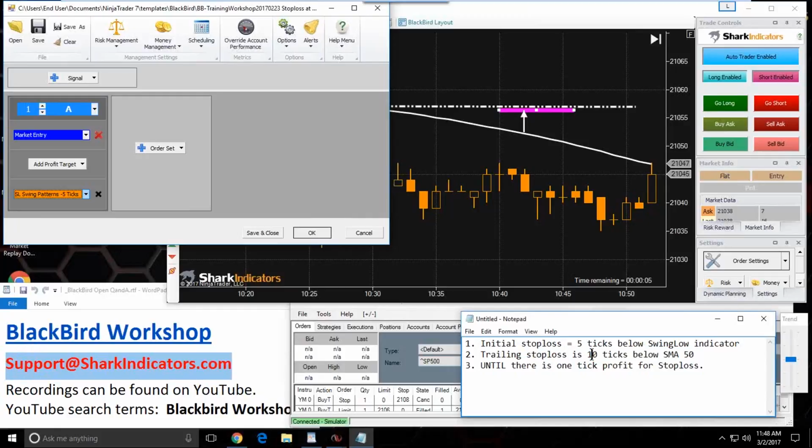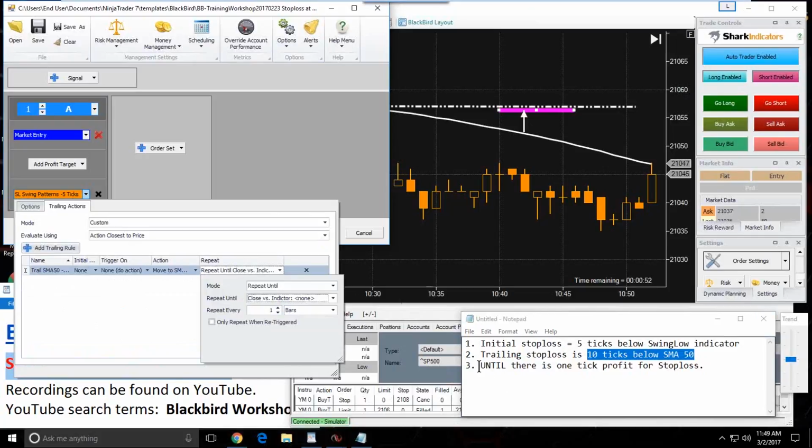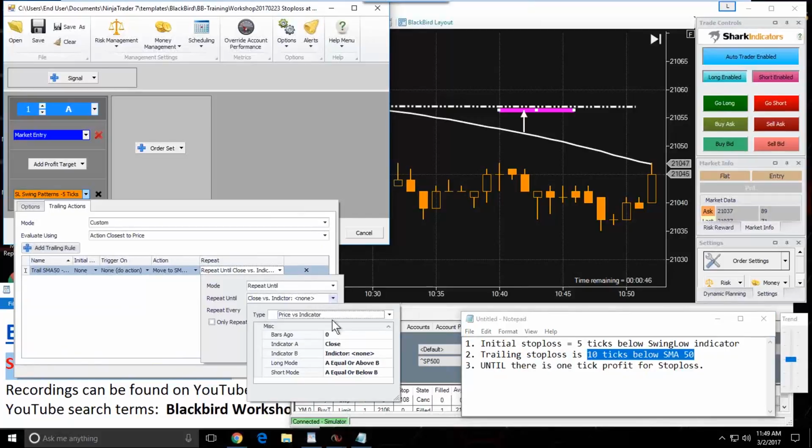That's what I'm going to recreate in our repeat until. If you look at number 3, we repeat until we get one tick of profit for a stop loss.